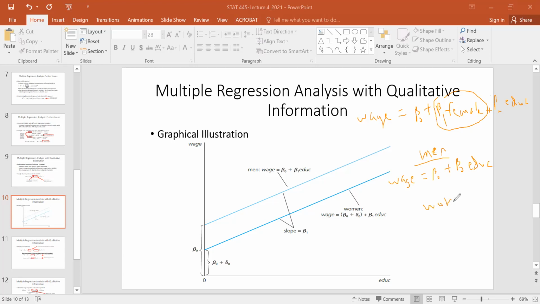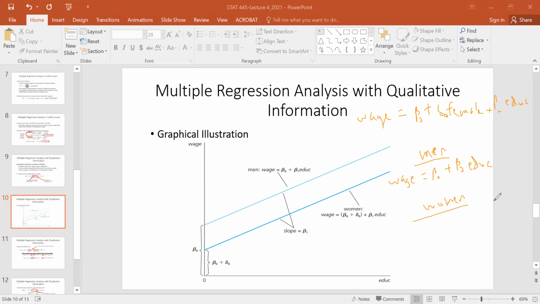Now for women, oh, sorry, this is delta 0, right? Let me correct that. So this goes to 0 for men because the variable female is defined to be 0 for men.